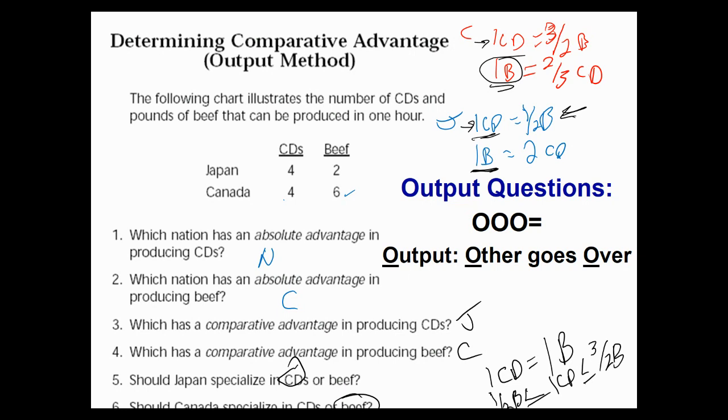Now, if you don't trade in that little parameter, then one of the countries is actually going to be worse off with trade. So if you want them both to be good, you'd have to do that.